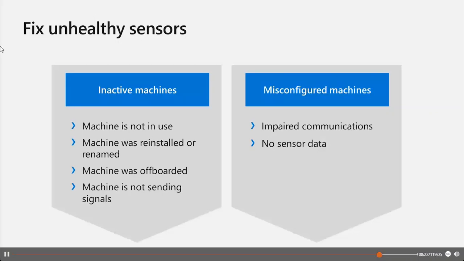A misconfigured machine has impaired communications, or no sensor data because it is blocked for any other reason. So as I mentioned before in the slide about the signals and the sensors, fix these unhealthy sensors to provide you the correct data you need.